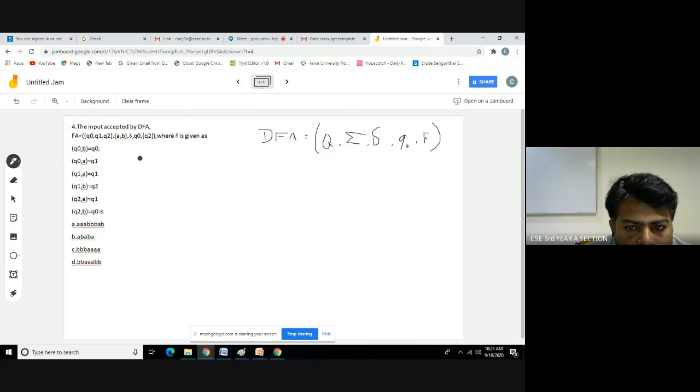What is the set of states here? The capital Q is Q0, Q1, Q2. What is the set of alphabets? A, B. Everyone has to know this.